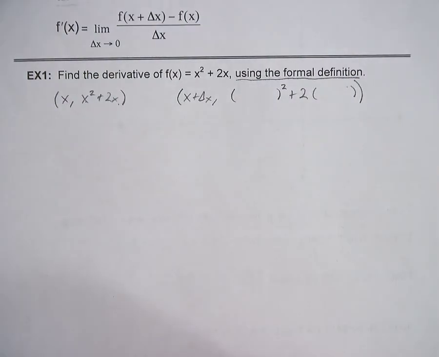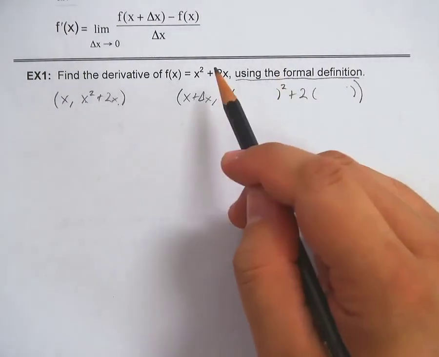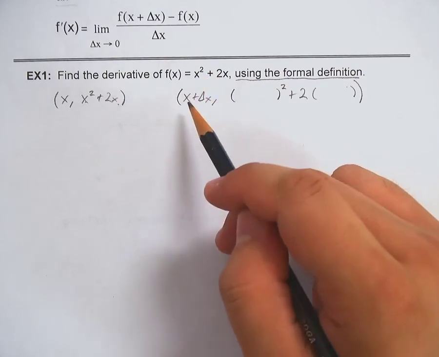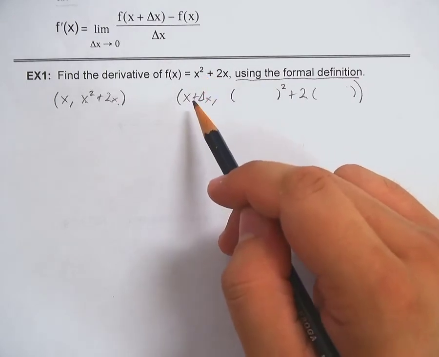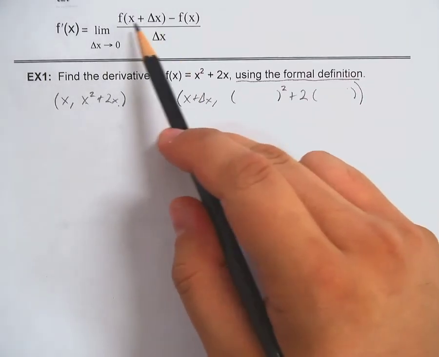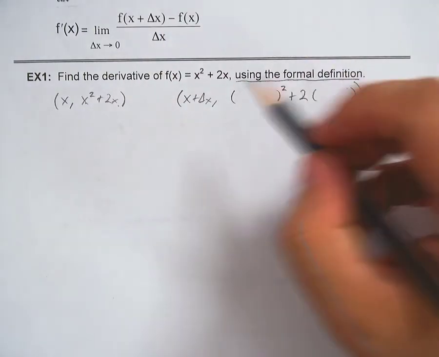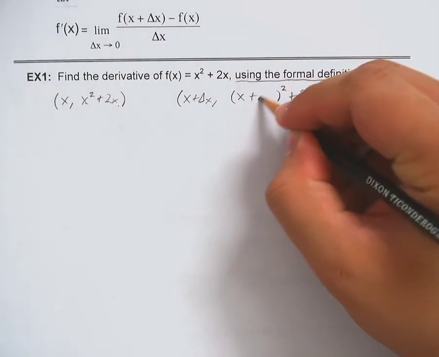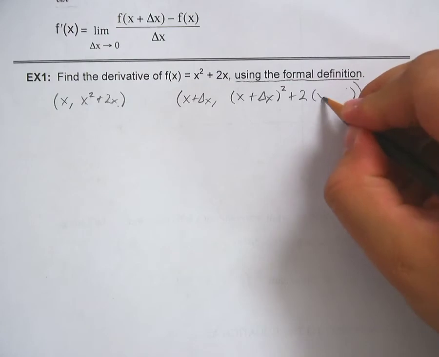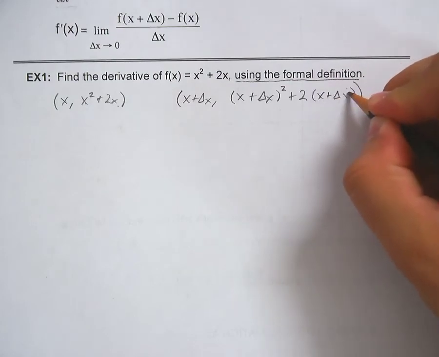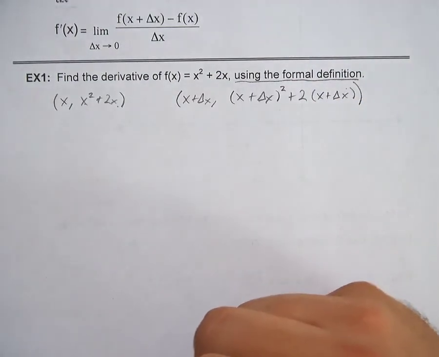Open up parentheses wherever you've got an x in the original function and plug in x plus delta x. That's what f of x plus delta x looks like. Plug in x plus delta x wherever you've got an x.